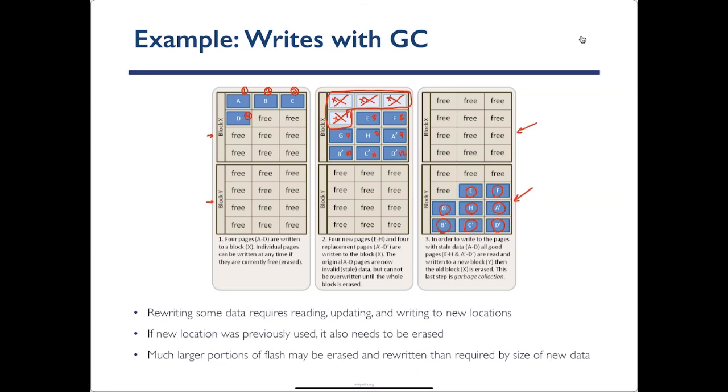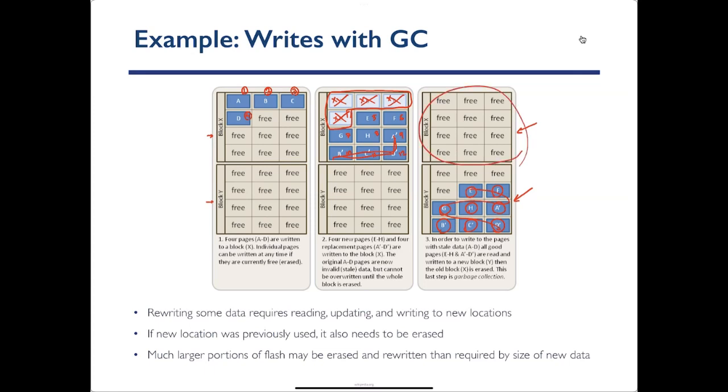Okay, so this is basically what happens with a write, and due to all the constraints that we have, as you can see, a single write, right? Let's say you had a single request to write this file, ABCD. This ends up being writes here, and then the entire block has to be written again, and then your original block being erased.